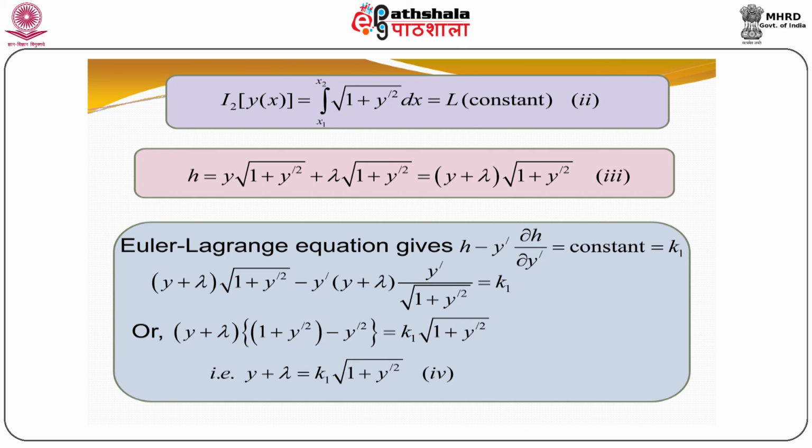After calculating this first order partial derivative and substituting its value in this equation, we get the result given in the next line. Combining these terms and multiplying by square root of 1 plus y dash square both sides, we get this one.